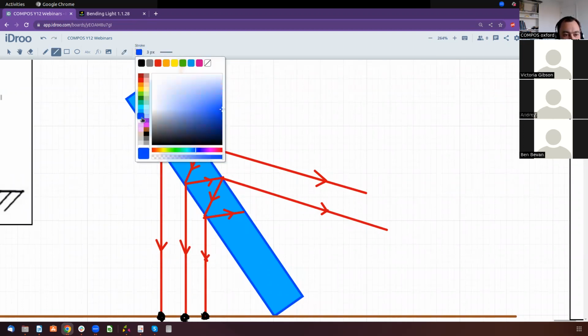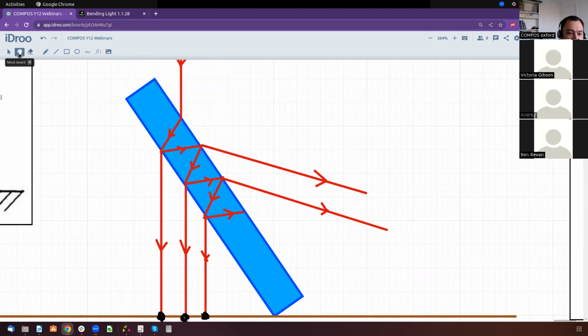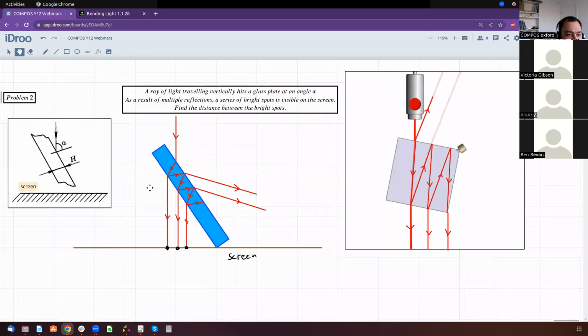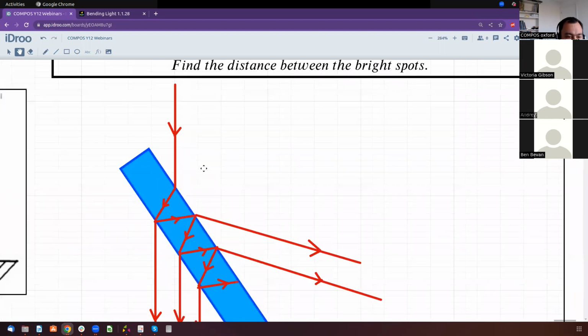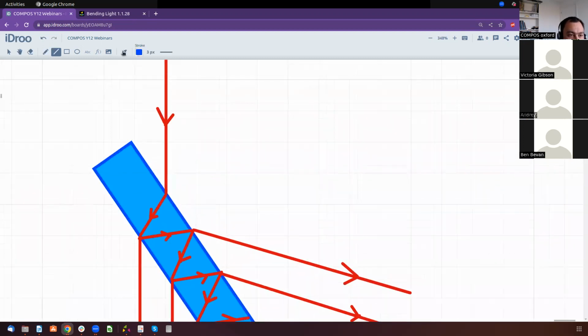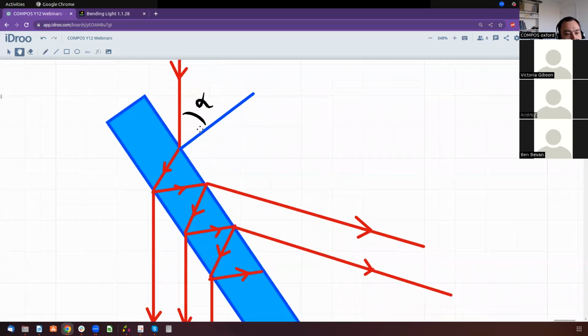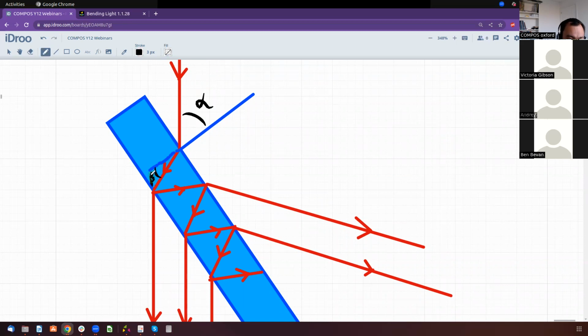You have the angle at which it strikes the glass, and that angle is alpha. This is the angle to the normal. So we'll draw the normal. Okay, and this angle is alpha. And let's label this angle. This angle is beta.